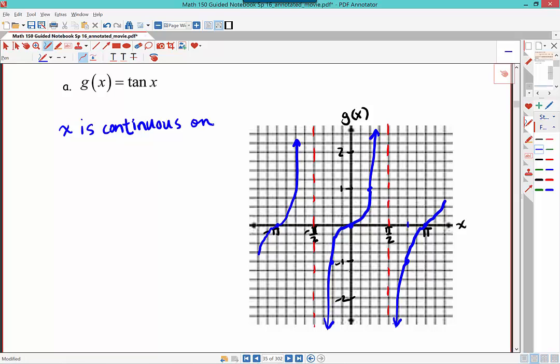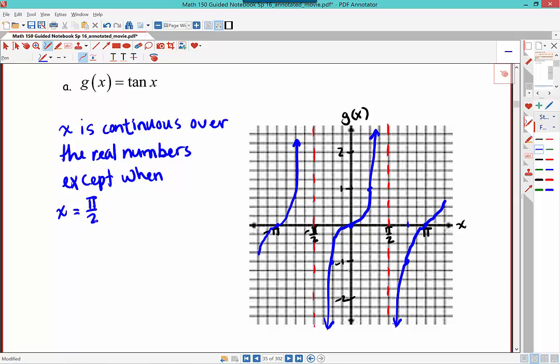on, actually, let's say over the real numbers except when x is equal to, we know pi over 2 is a problem, right?